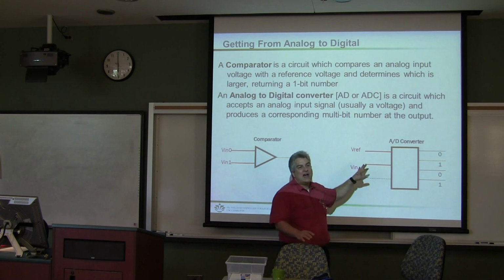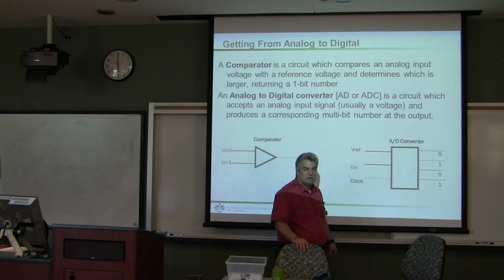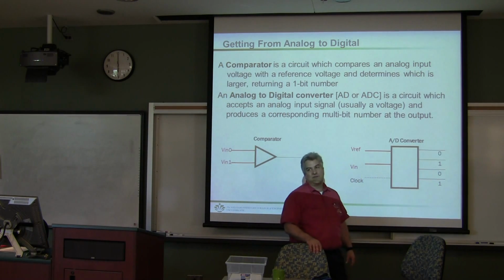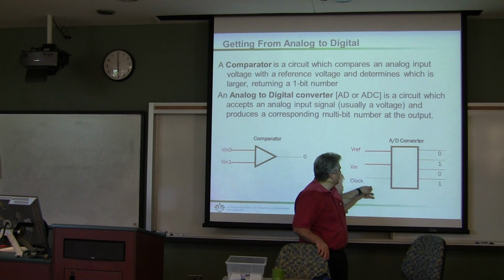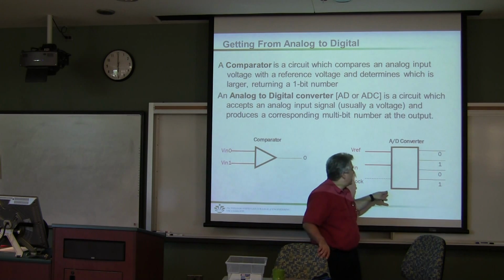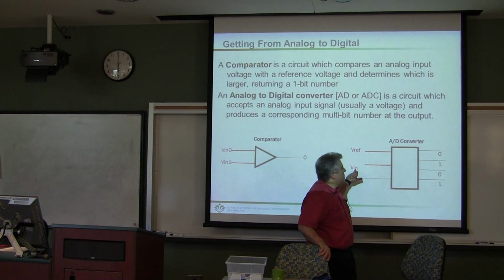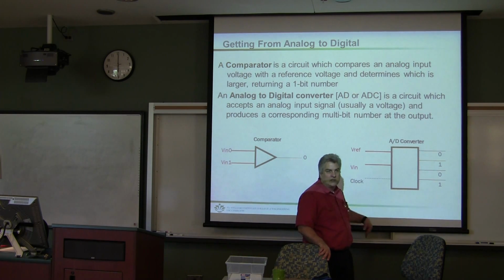So let's say I have 0 to 8 volts. So if I have a measurement here, let's say 0 to 7 volts, I'll even make it easier. If my input that I'm going to measure is 0, it would be at the low end.